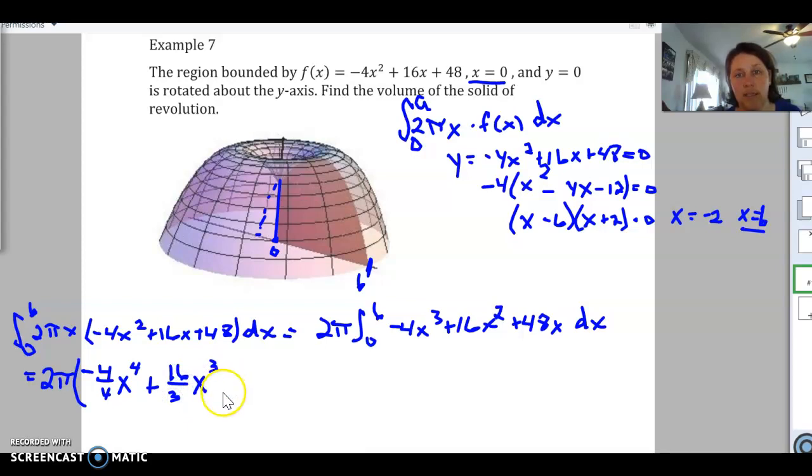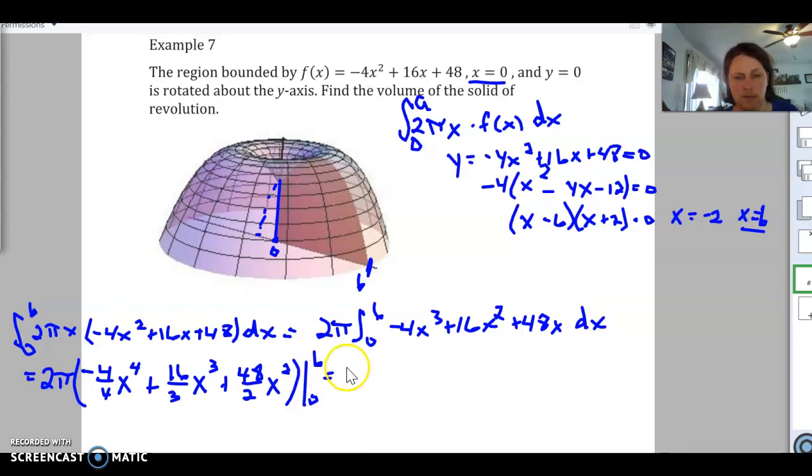And we want an exact answer on this one too. I'm probably going to have to give myself some more room here in a minute. 16 over 3 x cubed plus 48 over 2 x squared. And then we are evaluating this between 0 and 6.